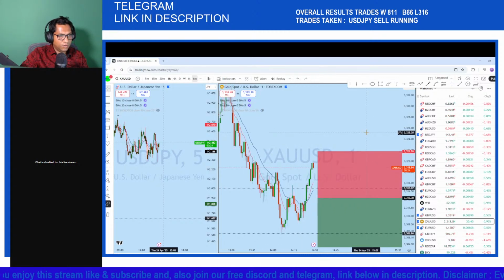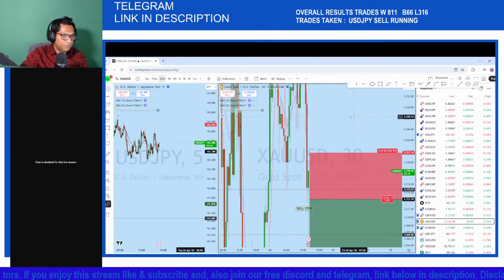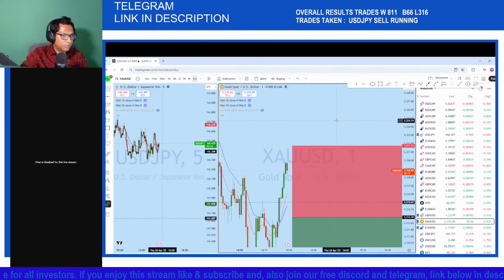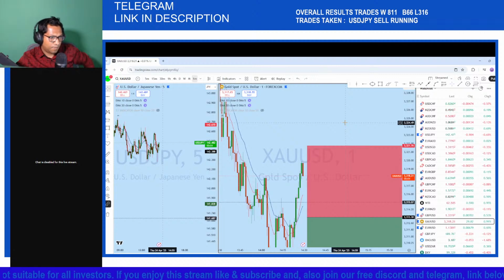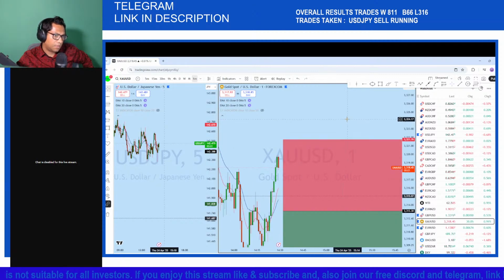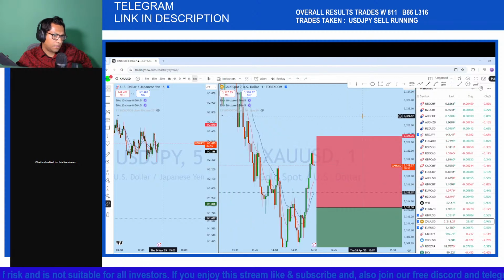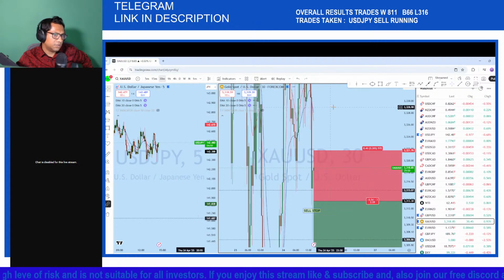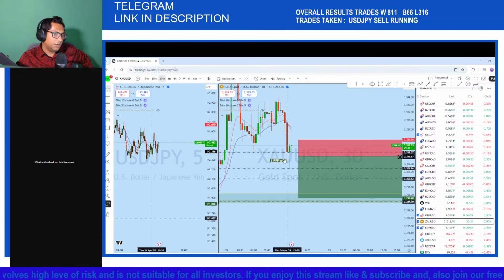But let's see now, as there is a 30 minutes closing here. So there's a 30 minutes candle closed with a long wick doji here.